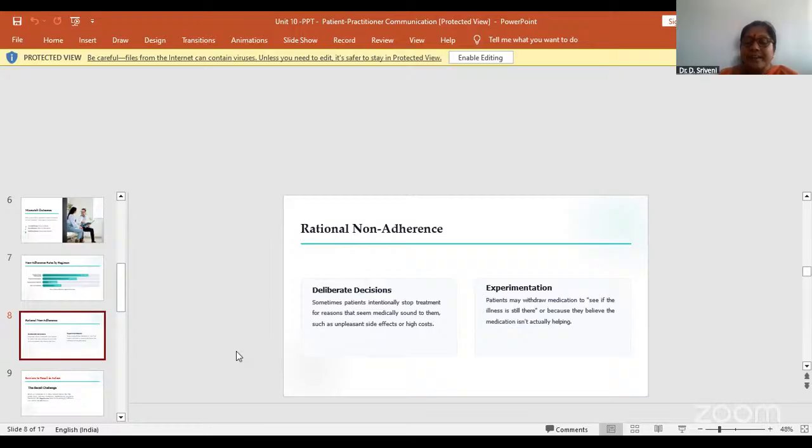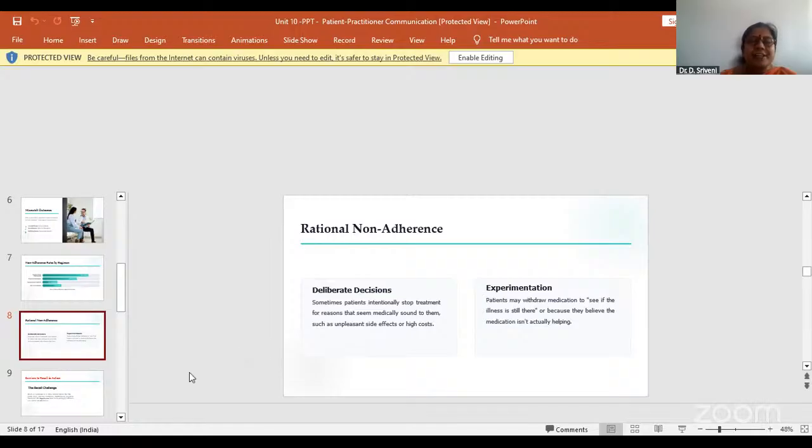And interestingly, adherence is typically highest for life-threatening or painful conditions like HIV, cancer, and arthritis, while it is poorest among patients with pulmonary diseases or diabetes.